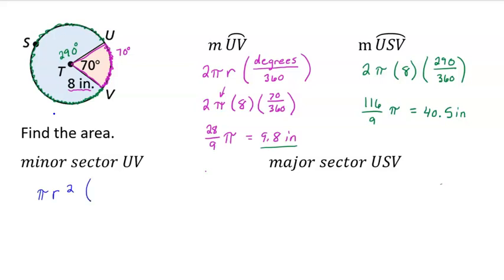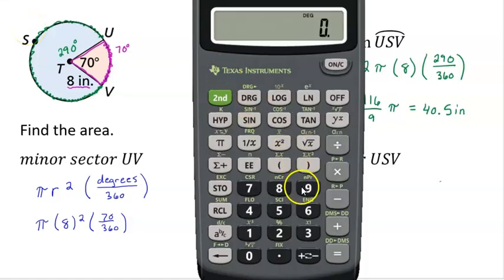And then we're going to do that portion of the entire circle, so degrees over 360. So pi 8 squared, and then we know that that smaller sector is 70 degrees over 360. And that's going to give me about 64 times that portion of my circle.